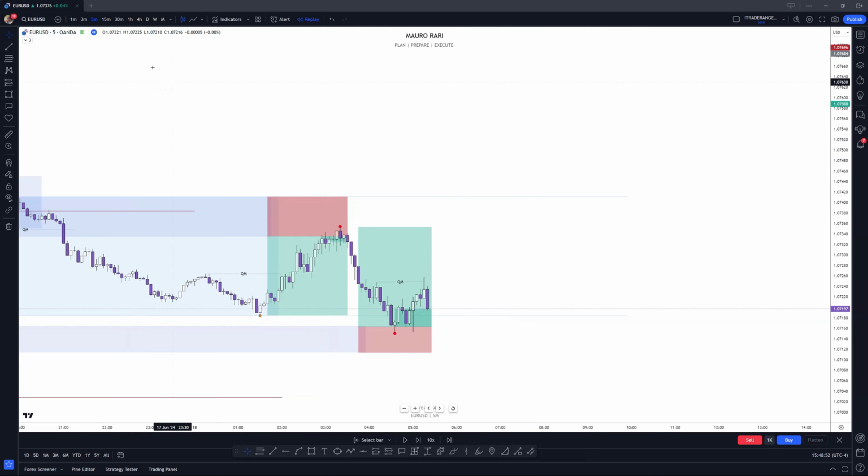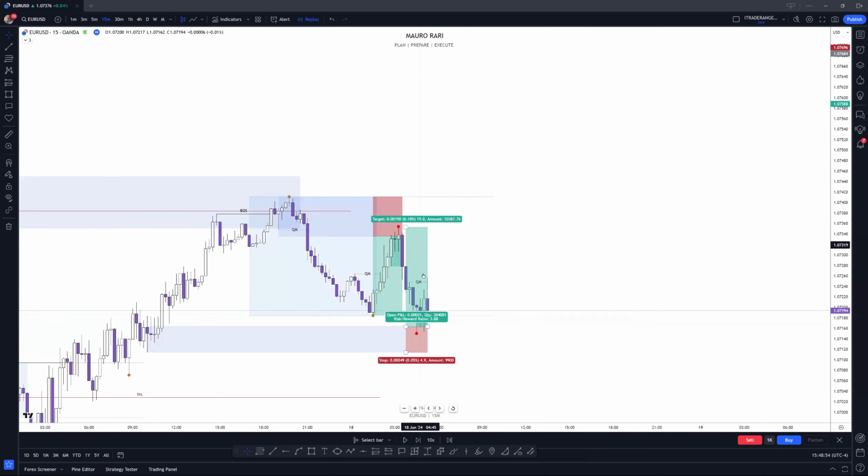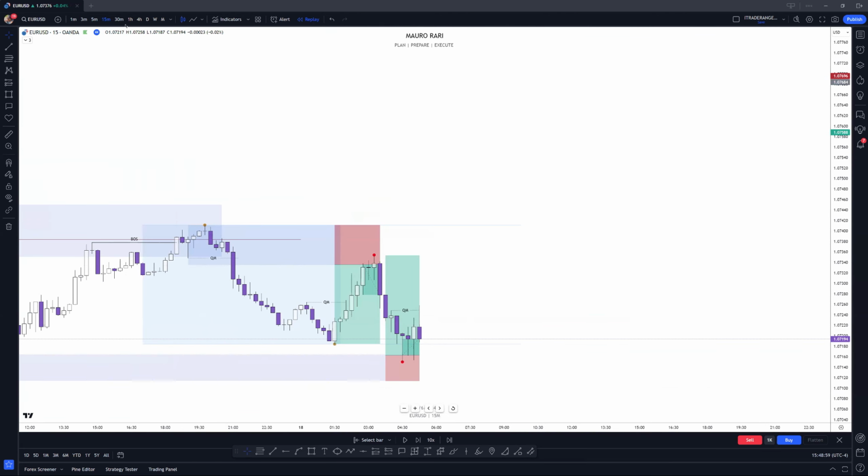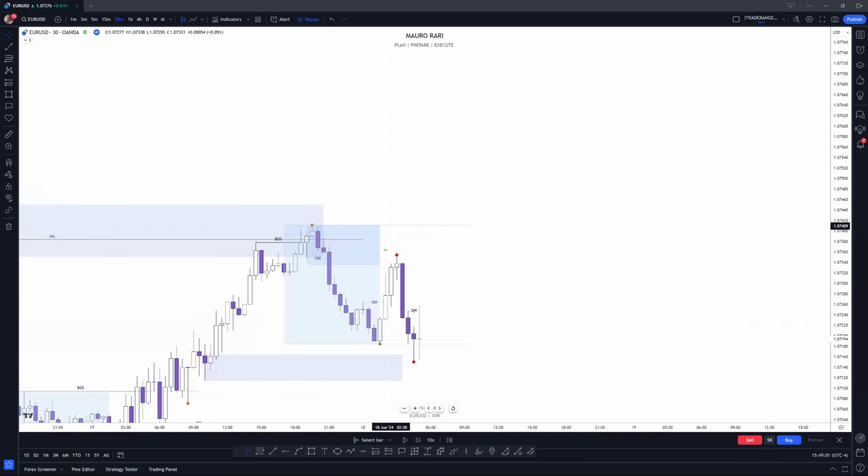Let's find a key level in this area. Let's go to 15 minutes. Nothing in 15 minutes important. Okay, so we have in 30 minutes what? We have this order block plus imbalance. Okay, we can refine a little bit on the 50%.